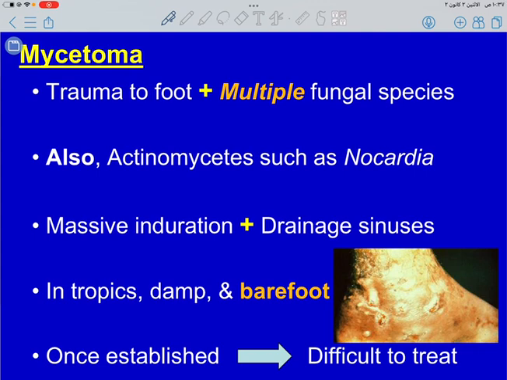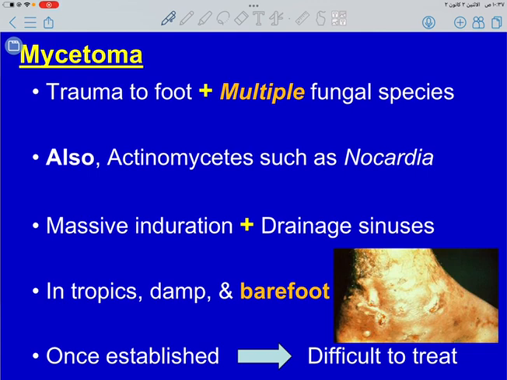You get massive induration and drainage sinuses. Sinuses يعني مكانات to produce pus material. Mainly it occurs in tropics and damp area in bare-footed individuals، اللي يمشون حافين بأفريقيا يا مكترها. Okay? Once it is established, it's difficult to treat.